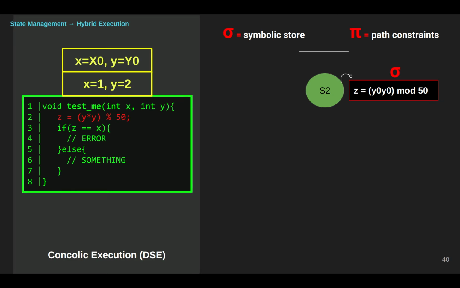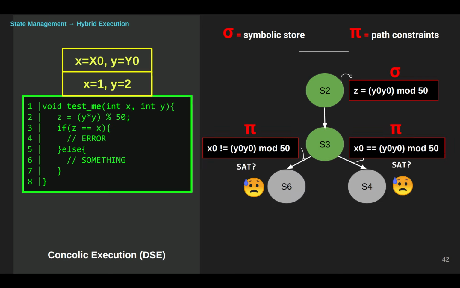So in this case, you have this program that does something, and you just give it the inputs 1 and 2 for x and y, and then it does some math. If it wants to do it symbolically, it has these expressions.